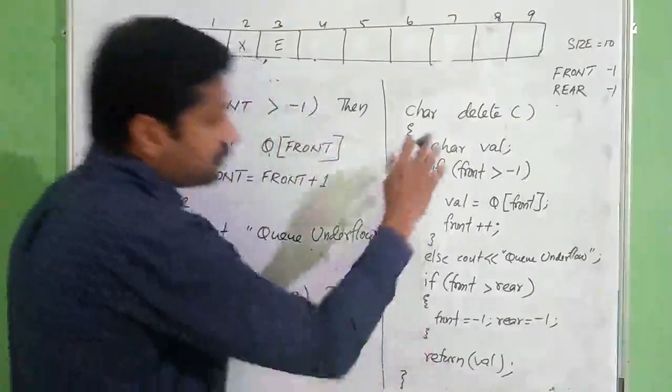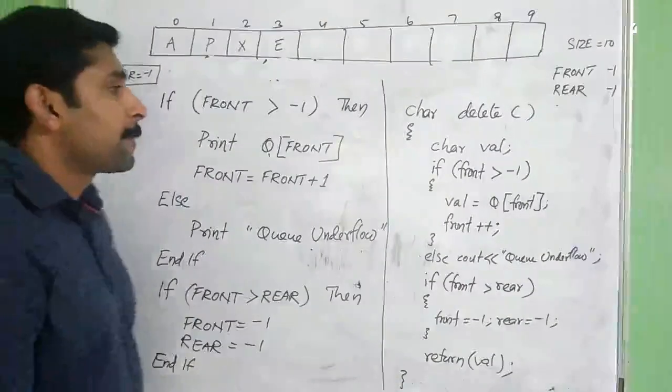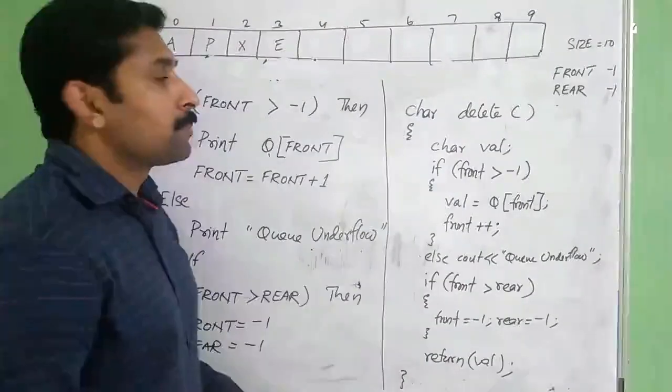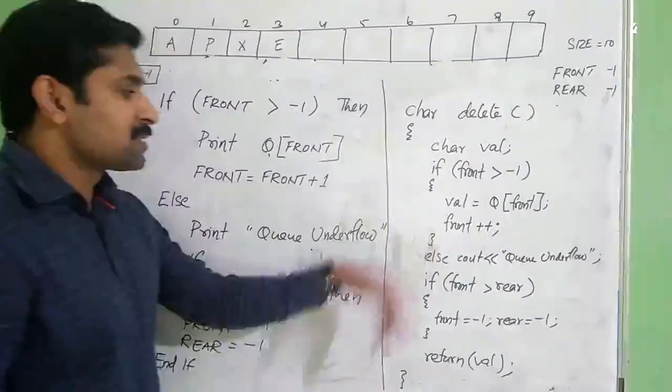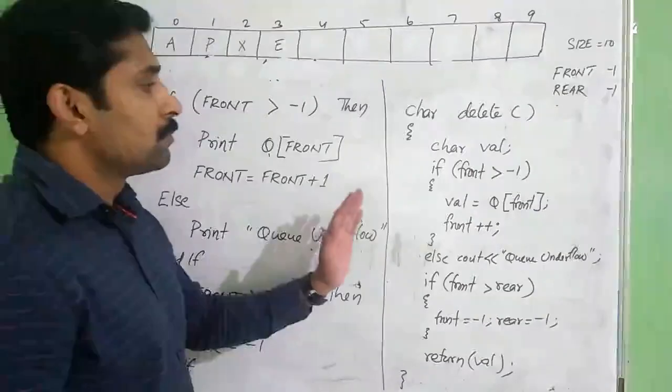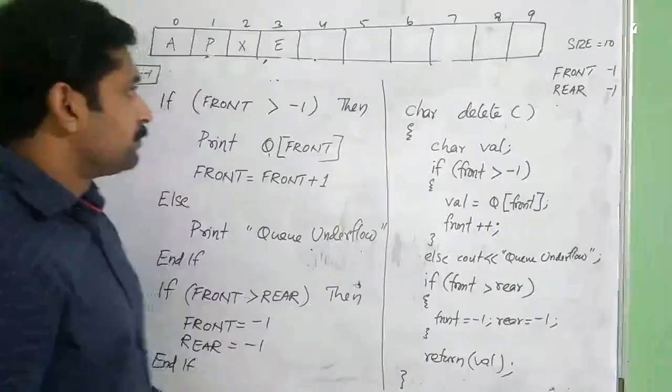So this function can be used for performing the delete operation on a queue. So this is the simple logic for the delete operation.